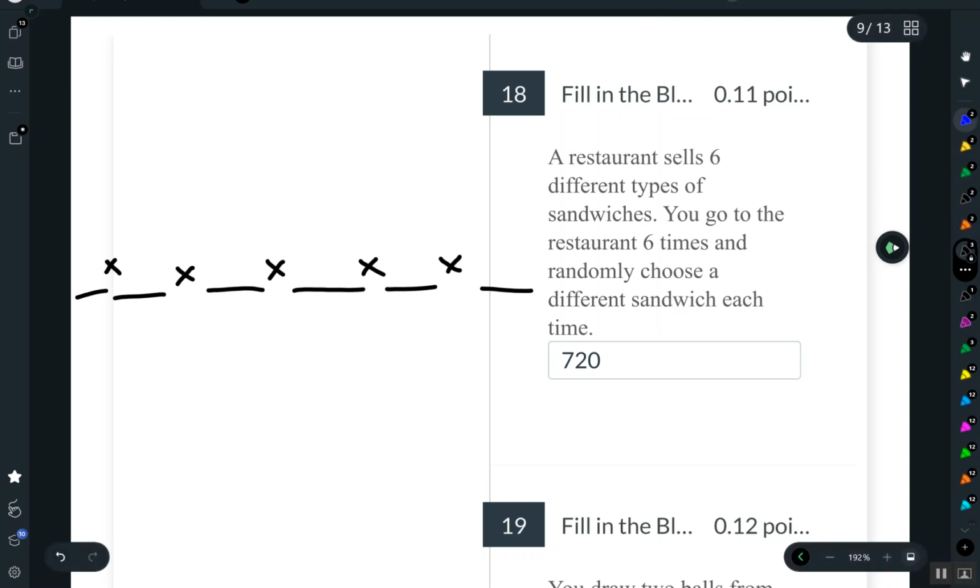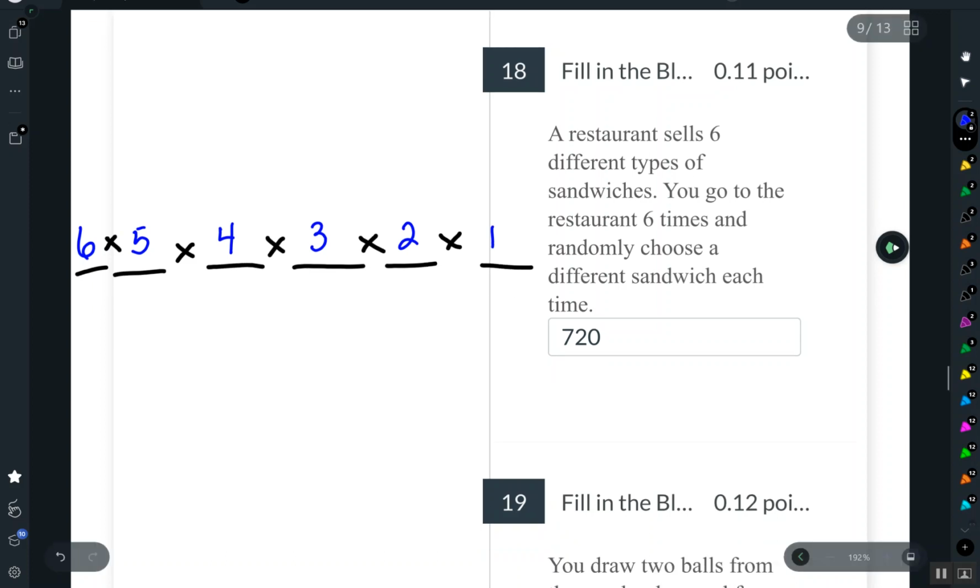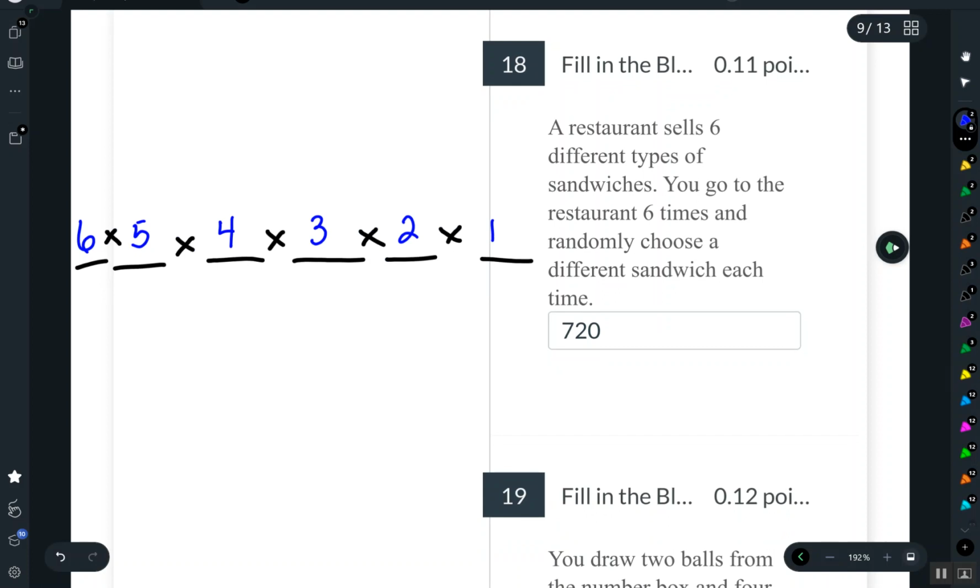So then the first time I go to the restaurant, there are 6 options. But then I'm choosing a different sandwich each time. So the next time I can only choose 5. Then the next day I can only choose 4. Then 3, and then there's only 2 options left, and then the last day there's only 1 sandwich that I have. So essentially this turns out to be 6 factorial, or 720.